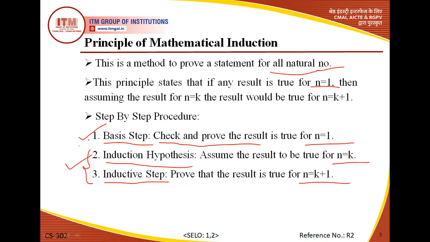So the first step is the basis step, and the second step is the induction step. Now, the induction step is divided into two further steps, which are the hypothesis step and the inductive step, wherein you have to prove the result. Okay, so if you want to give it three steps, that's good. And if you want to go by two steps, that's also pretty much fine.